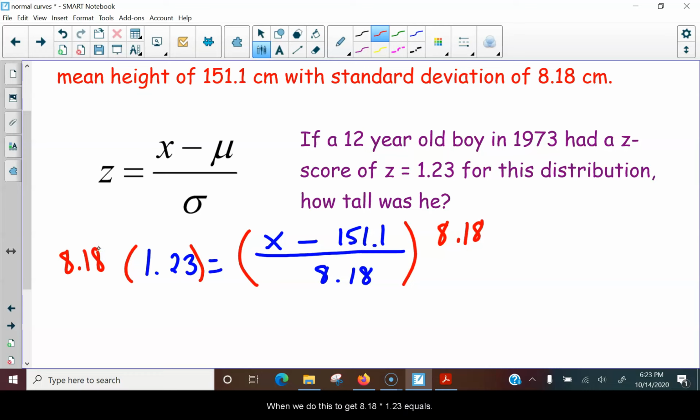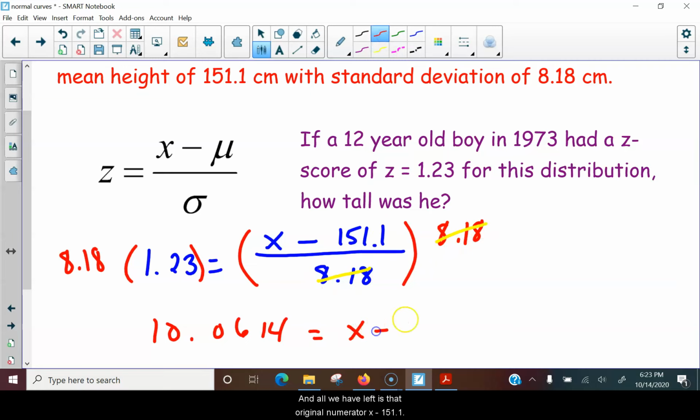When we do this, we get 8.18 times 1.23 equals 10.0614. Over here, the denominator cancels with the 8.18 where we multiplied, and all we have left is that original numerator, x minus 151.1.